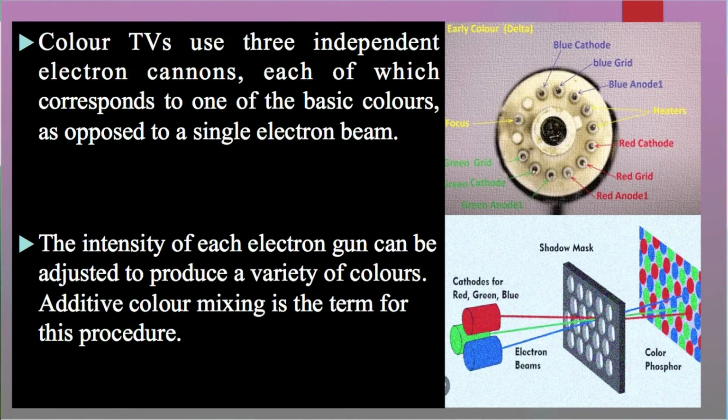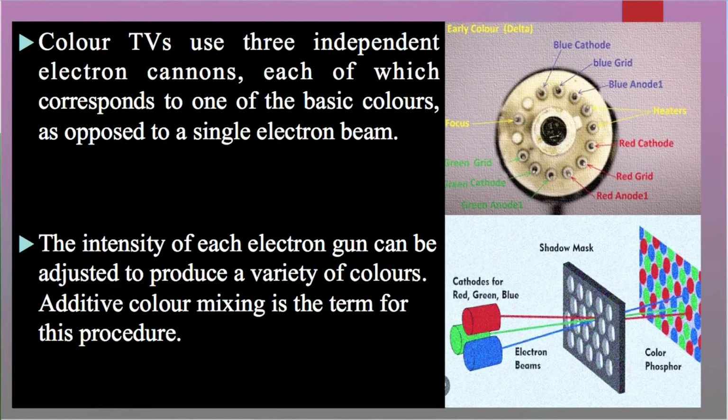Now color TV uses three independent electron cannons, as I have said right now, each of which corresponds to one of the basic colors, as opposed to a single electron beam in black and white TVs. These cannons fire electrons at phosphors, and when they hit, they produce red, green and blue light.